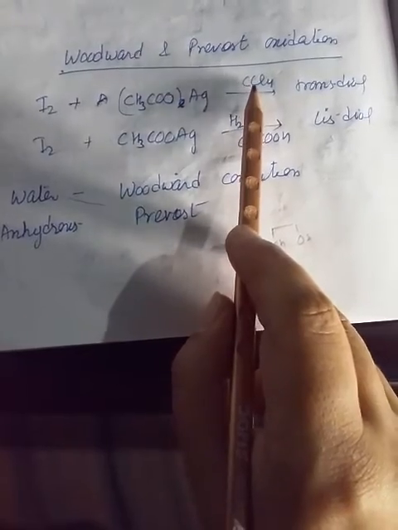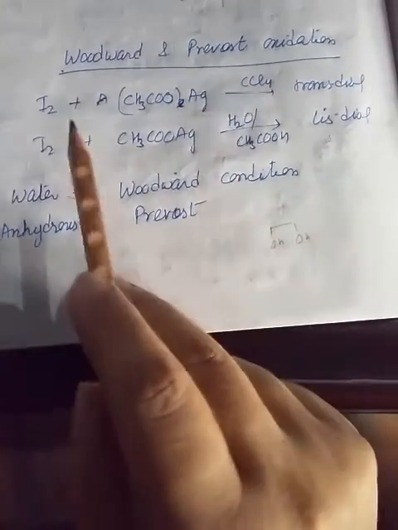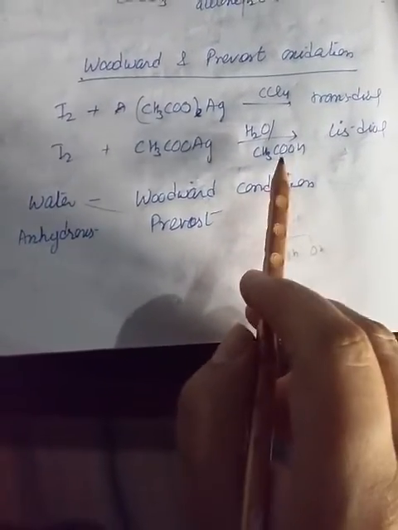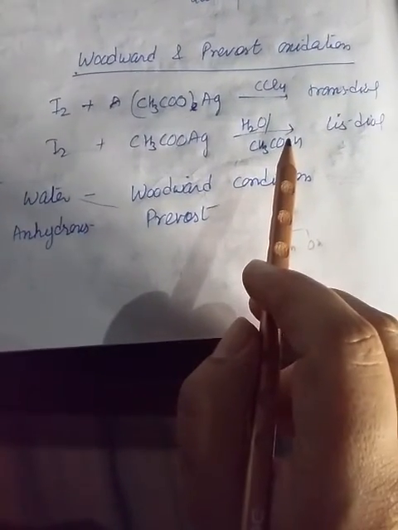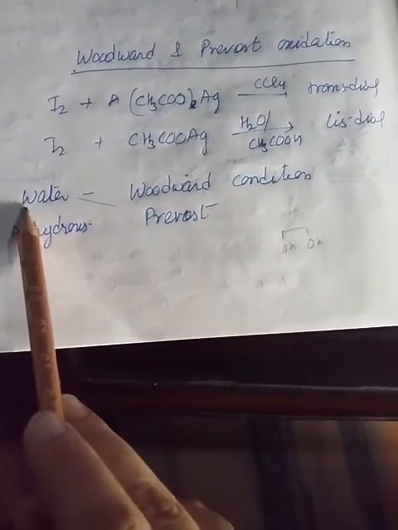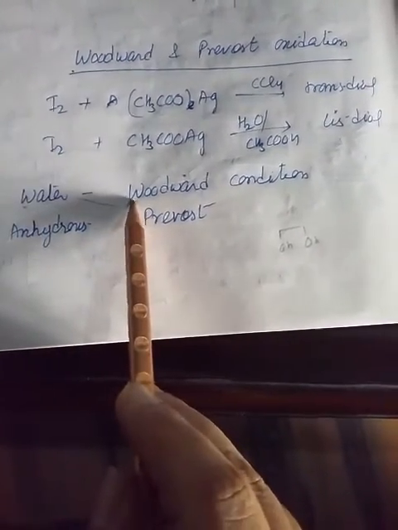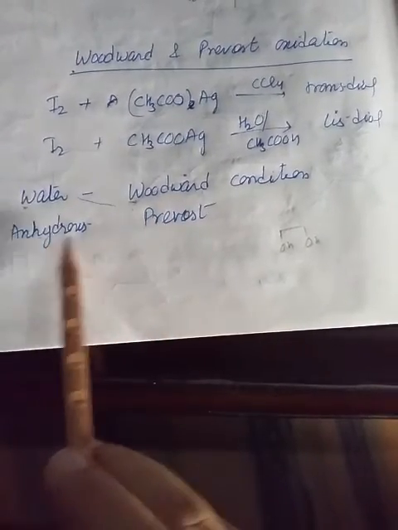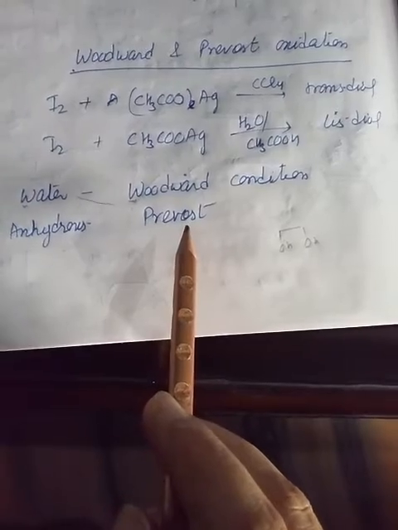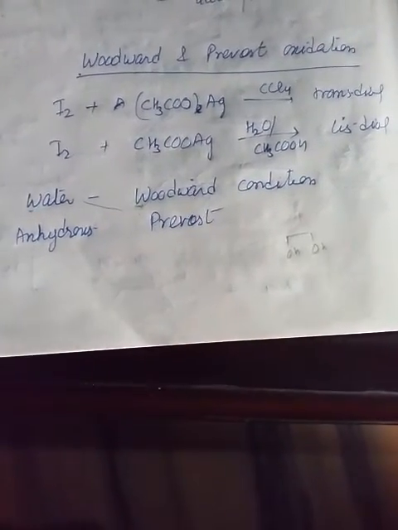The anhydrous condition is known as Prevost condition, and when water is used as a solvent, then the reaction is known as Woodward reaction, and there should not be any confusion. Water W, so it is related to Woodward WW, and anhydrous condition means carbon tetrachloride, then the reaction is known as Prevost reaction.